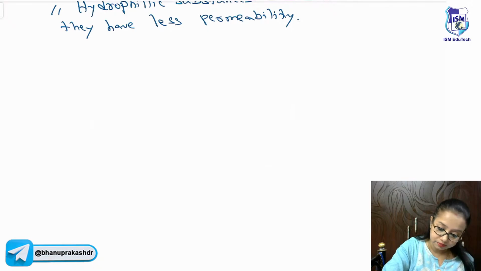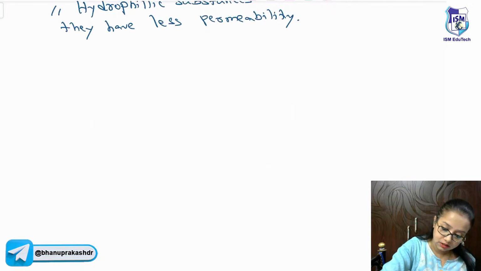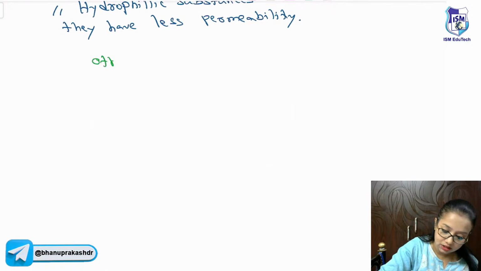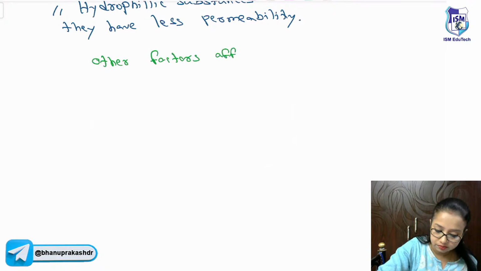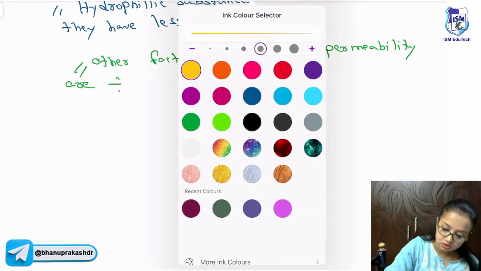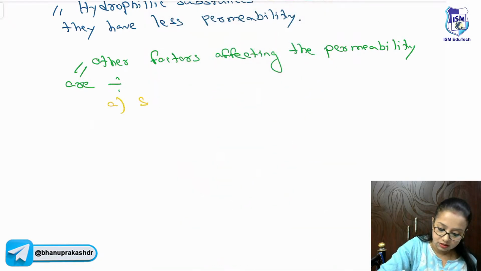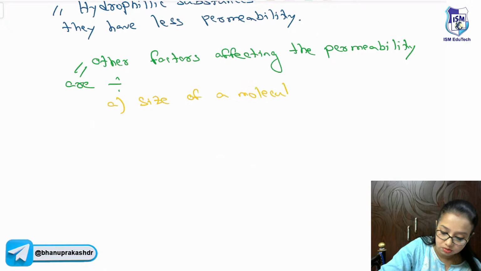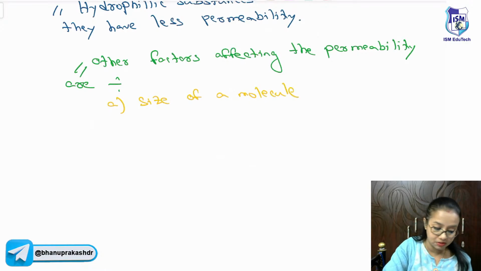Other factors affecting the permeability are there also, like size of a molecule. Okay, after that we will come to the constituents of the cell membrane in detail.